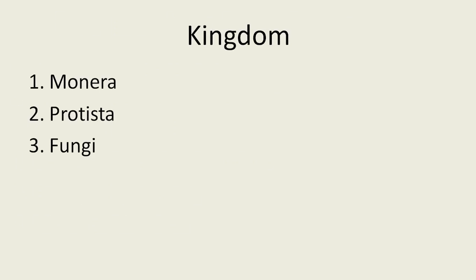Very first, kingdom Monera, then kingdom Protista, kingdom Fungi, kingdom Plantae, kingdom Animalia. These are the five groups into which Whittaker divided all organisms, or all life: Monera, Protista, Fungi, Plantae and Animalia.